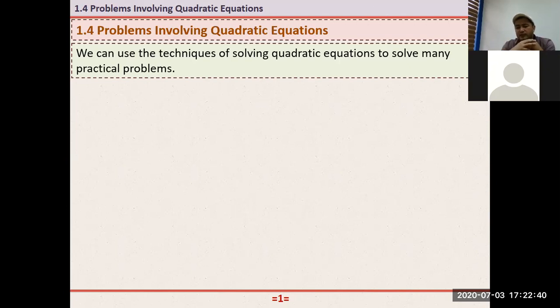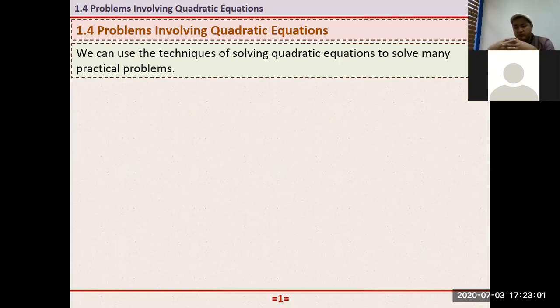fixed rules. But with these word problems, number one, you should understand the problem. That's a big challenge. Number two, you have to interpret or convert this into a mathematical problem, or mathematically describe it. That is another big challenge, and most students have difficulties solving these kinds of problems.